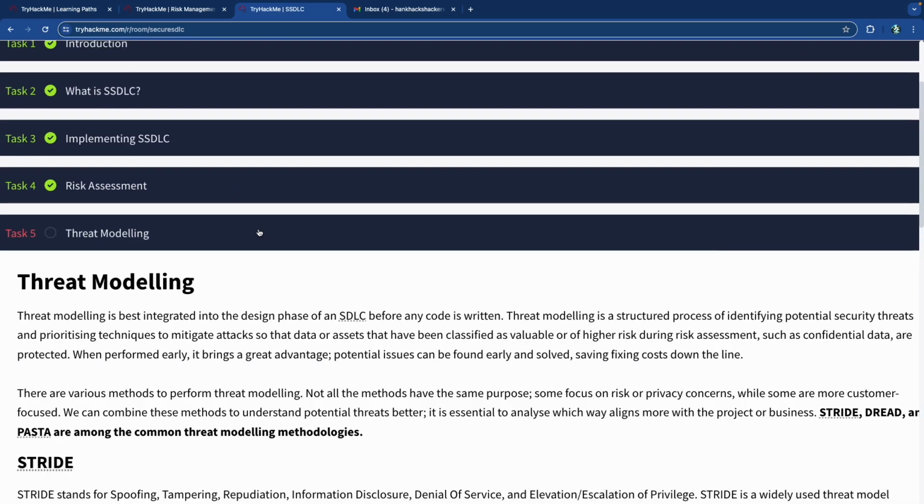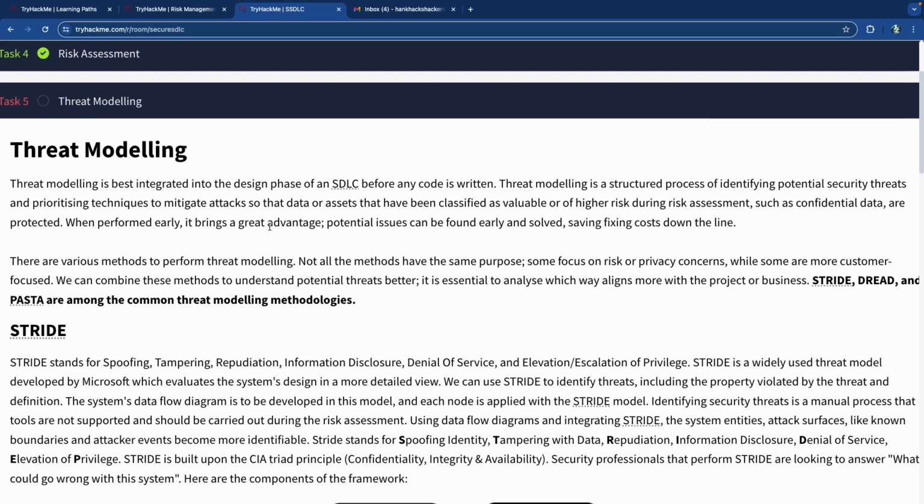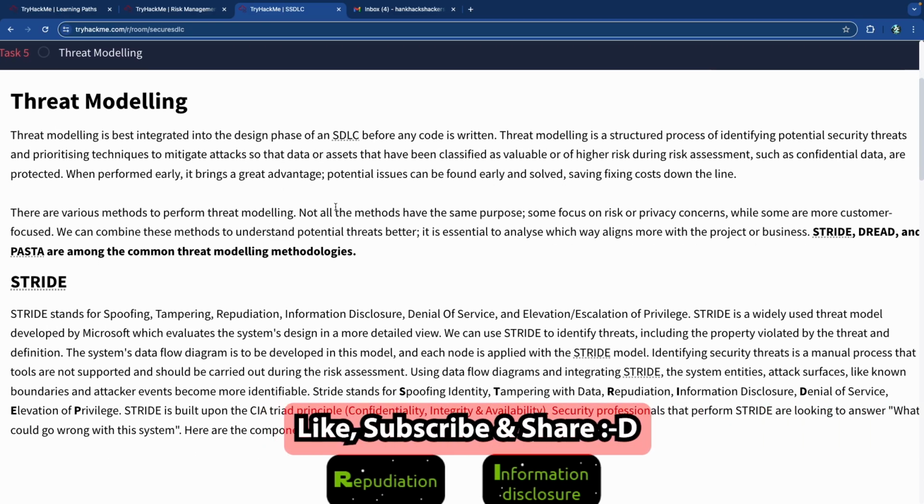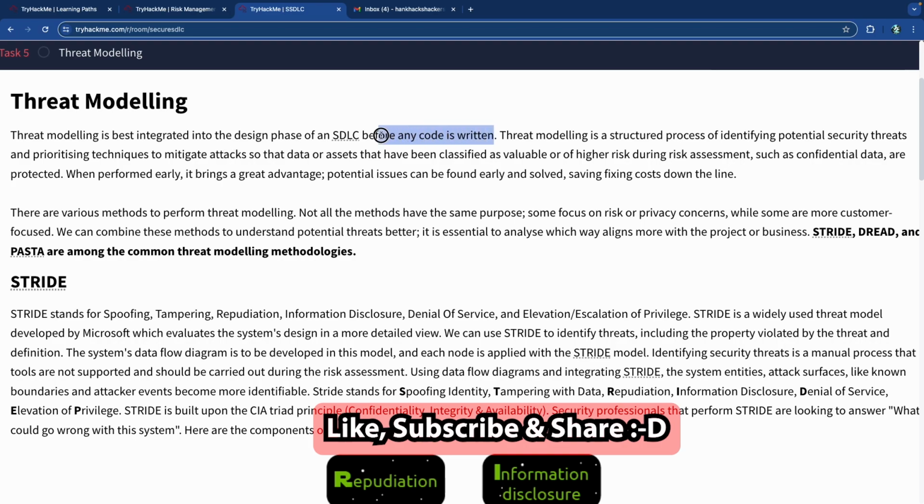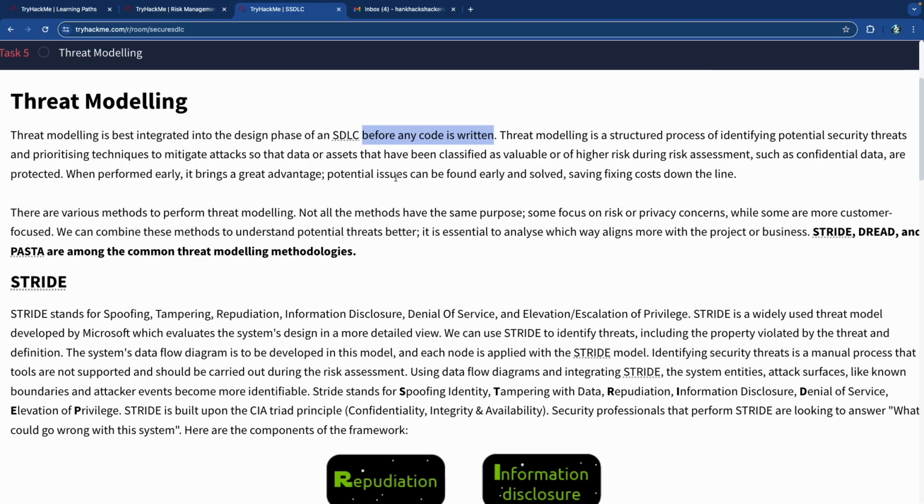We got our risk assessment out of the way. So now let's talk about threat modeling. The best time to do threat modeling is before any code is written. So you model all the threats before you actually write the code, so you can write the code with all of the threats in mind.